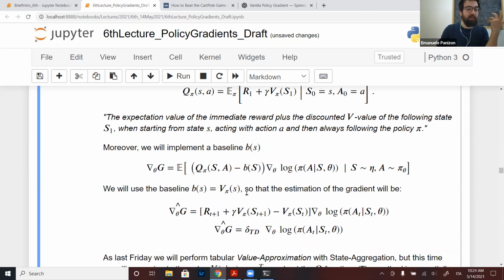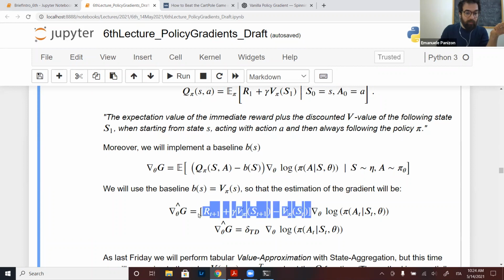Okay, why do I use it? Because if I use as a baseline the value for that state, I can do it because it does not depend on the action. We find something which is very familiar to us. We find something constructed as the reward plus gamma times the value of the new state, minus the value of the state where we are.